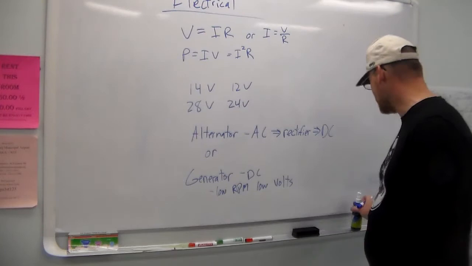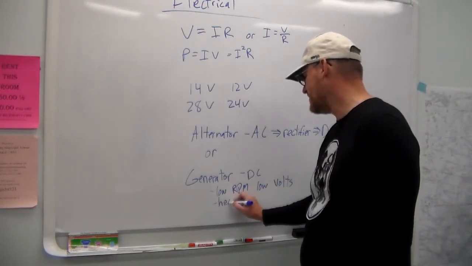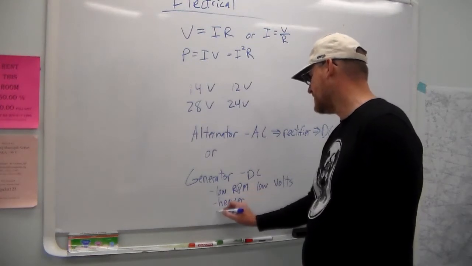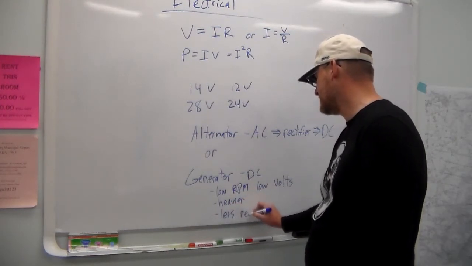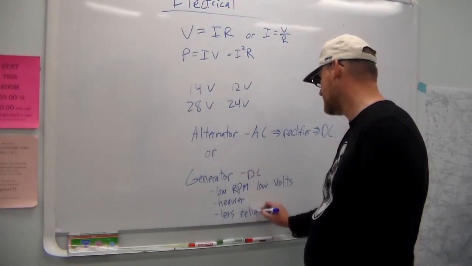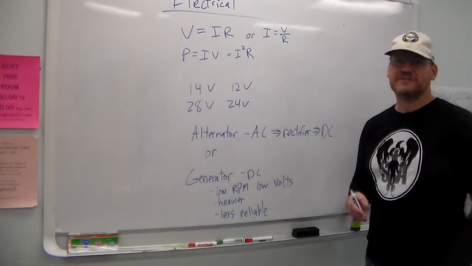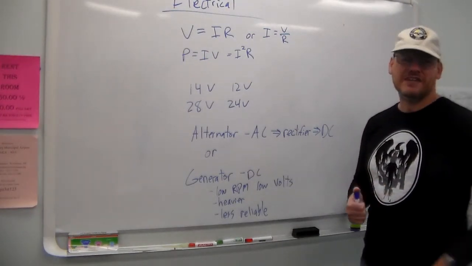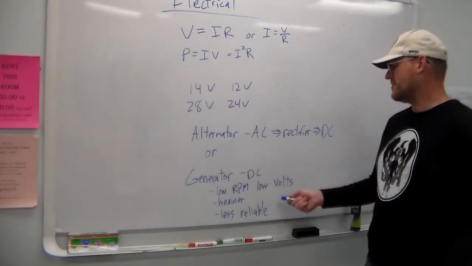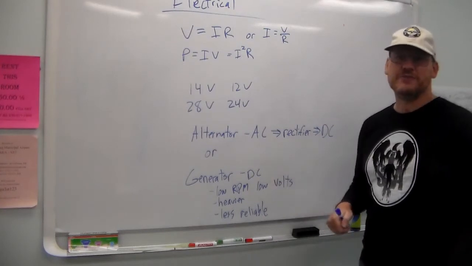So low RPMs equals low volts. These are also heavier and less reliable than an alternator. So things to be aware of. If you have an aircraft with a generator, you are going to worry about that a little bit more.